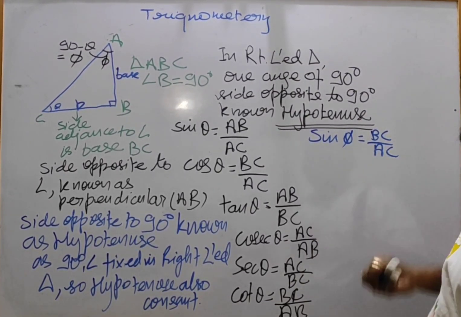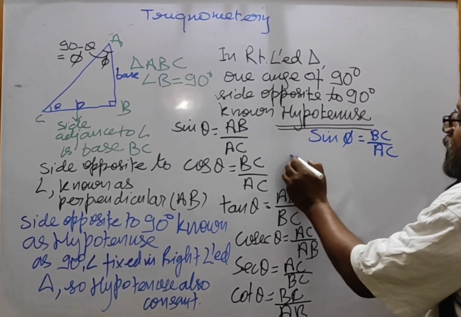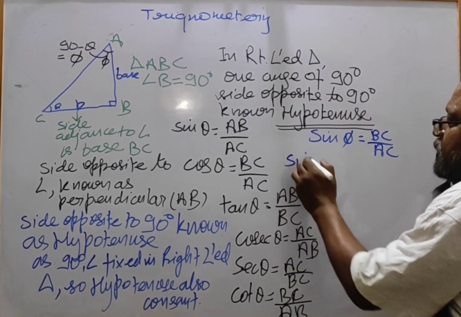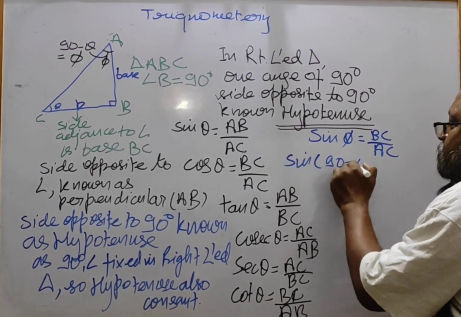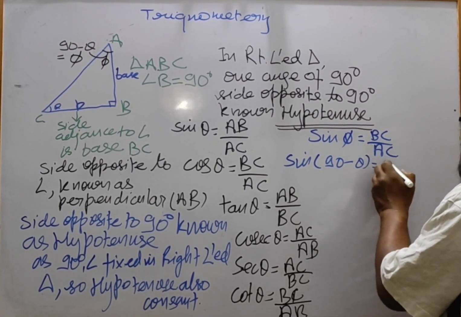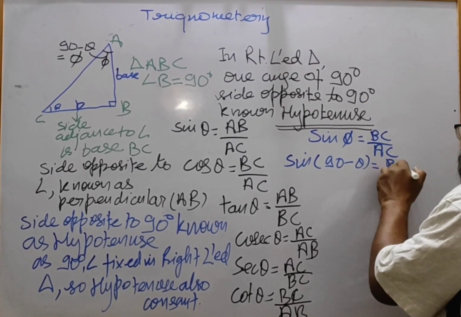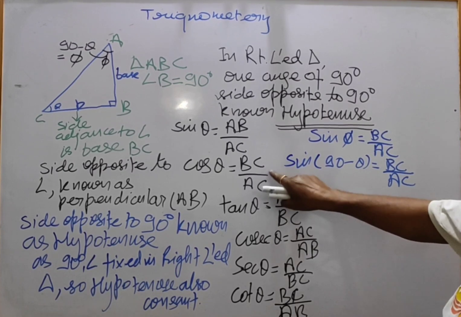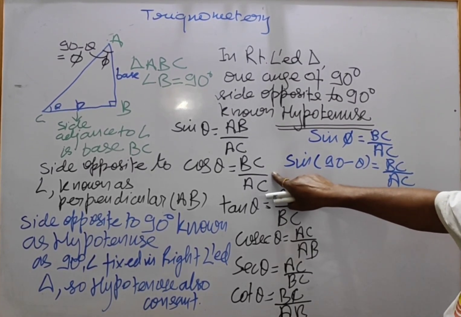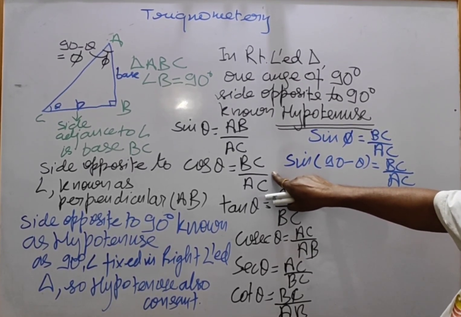And what is sine phi? Sine phi can be written as sine 90 minus theta. That is equal to BC upon AC. And BC upon AC यहाँ पे क्या लिखा हुआ है? Cos theta.